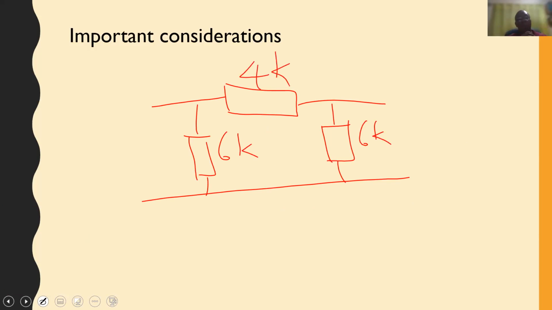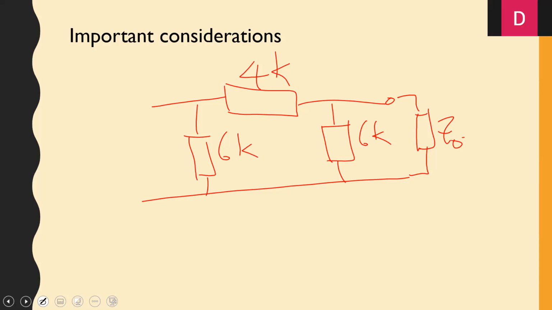Mr. Thompson, continuing, you're told it's terminated in its characteristic impedance. Yes, sir. So where do we go from here? Sir, I use the formula for the output impedance for a symmetrical pi network, Z output impedance equals the characteristic impedance.